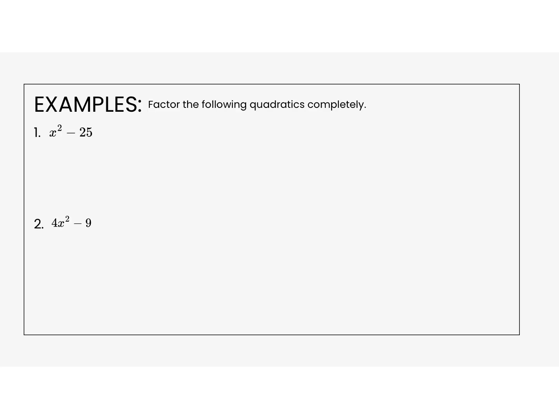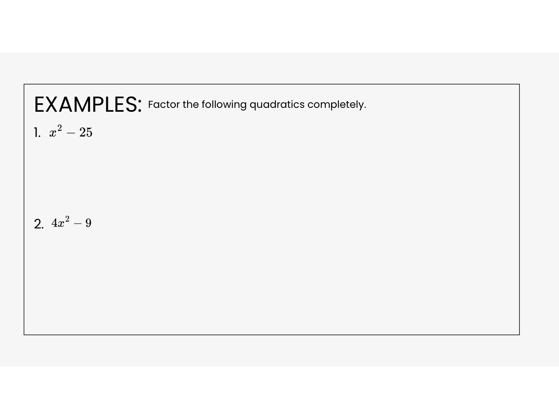Okay, so these first few are just review, and I am going to jump around a little bit if you're following the numbers in your packet just to show you a few of everything we're talking about. So make sure if you're following along, you're paying attention to what number I'm working on.